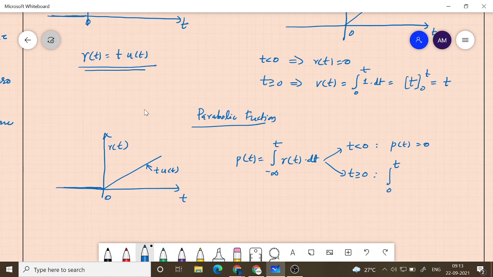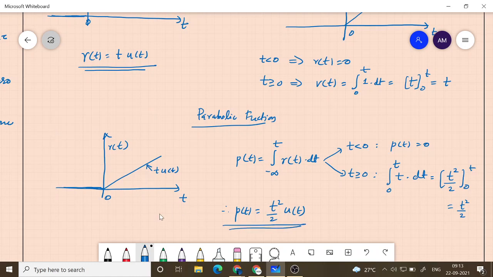T u of t. T u of t is 1 in this case. So if I integrate it, we will get t square by 2 with limits 0 to t, which is basically t square by 2. Therefore p of t is equal to t square by 2 u of t. So we can write in this manner.